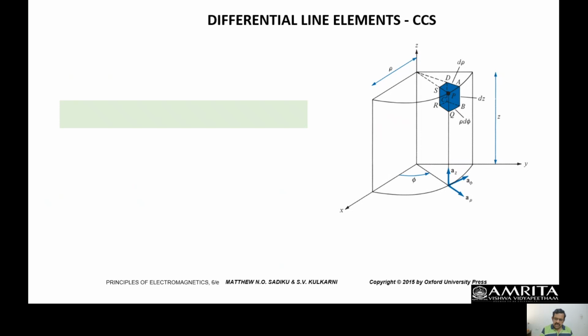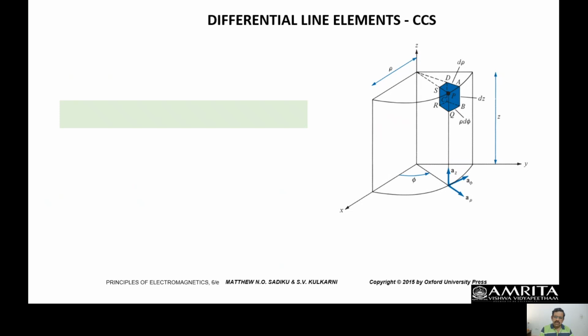Having said this, we know that in the cylindrical coordinate system there are two linear parameters and one angular parameter. In the linear parameters we know how to work. So what are the three coordinates in the cylindrical coordinate system? Along the radial direction it is the rho coordinate, along the z direction it is the z coordinate, and then there is the azimuthal angle phi.